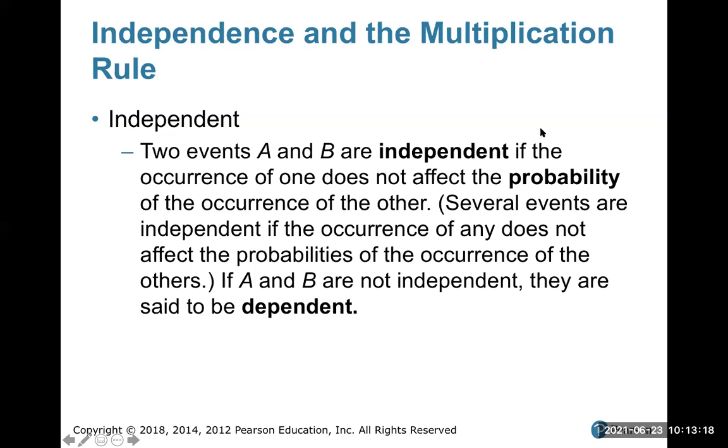An example of that: let's say you have a bowl with cards. One is yellow, one is red, one is green, one is blue. You draw one card that is yellow, you don't replace it, and then you get red on the second one. Since you already took yellow out, the second event is dependent because you don't have yellow in the pool anymore.